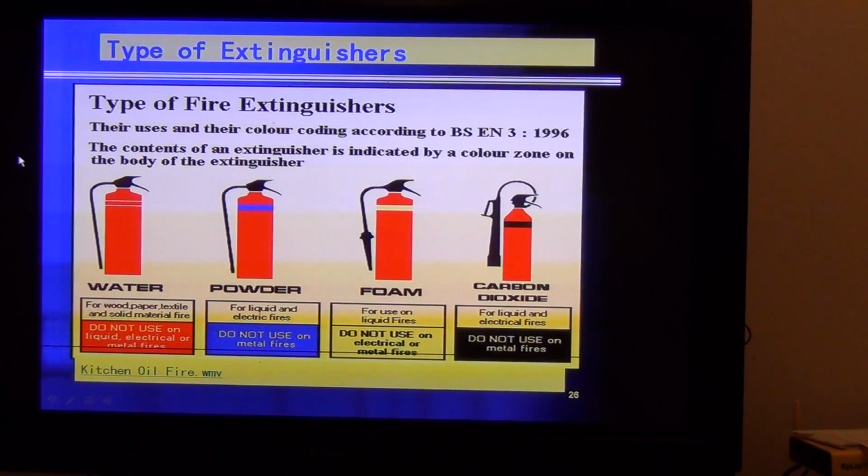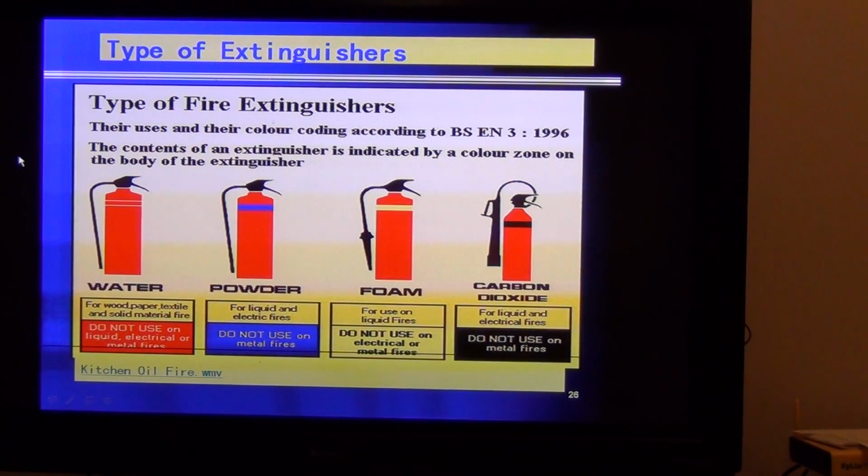So this is the type of fire extinguishers. They use color codes according to BS EN 3, 1996. In the US we have a different system for the extinguishers, but it's almost the same as the UK standard.